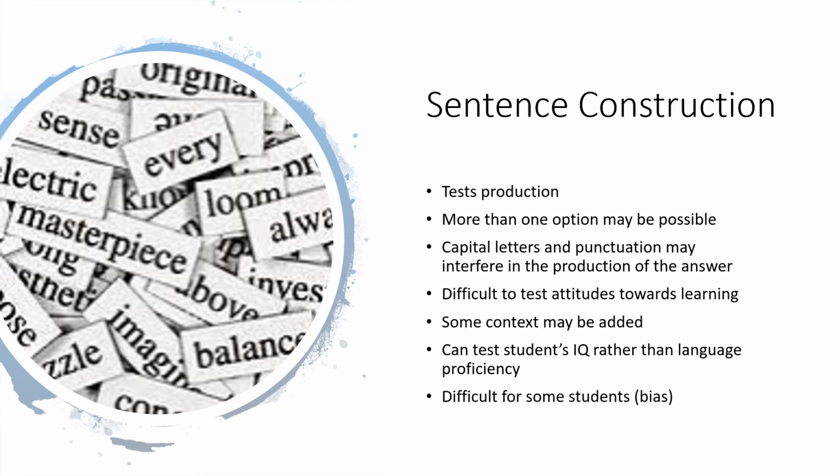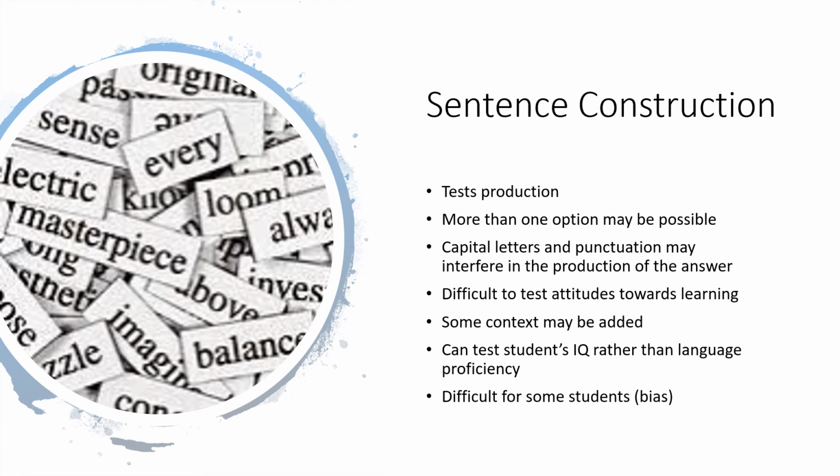Sentence construction is another type of production format. It can have more than one option that's possible. And because this is a sentence construction, you would have capital letters and punctuations which may interfere with the production of the answer.